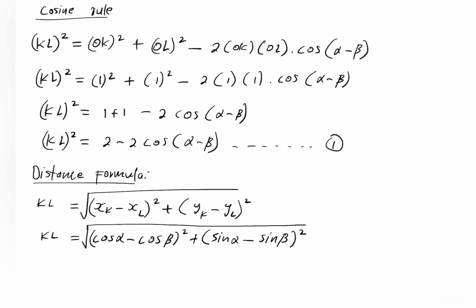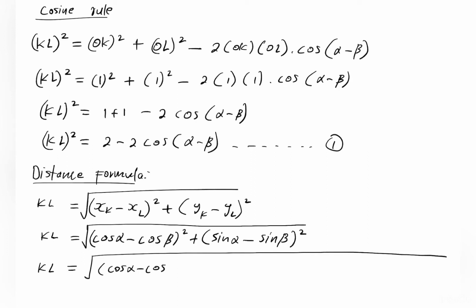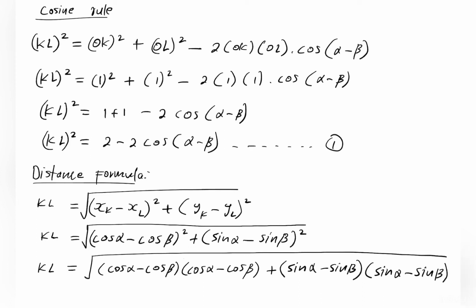Now we're going to further simplify this. KL is going to be the square root of, it's going to be a long square root, the brackets repeated as they are squared, cos alpha minus cos beta, and then plus sine alpha minus sine beta, squared.